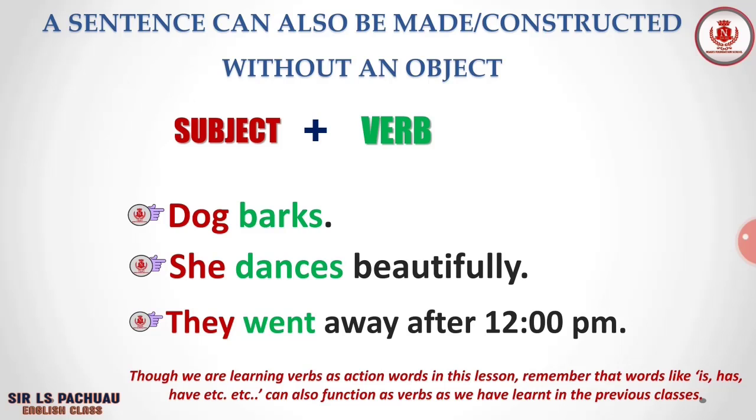Okay, so that means it is not always subject, verb and object, but with subject and verb also we can construct a sentence. And we are using barks, dances, went. These are all action words, but there are some verbs which do not involve action.